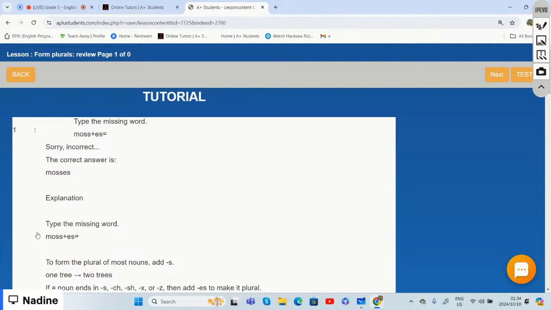So we're going to form plurals, a review, by saying that plus that, and then we need to get our answer. All right.